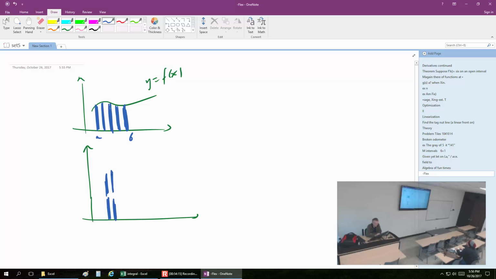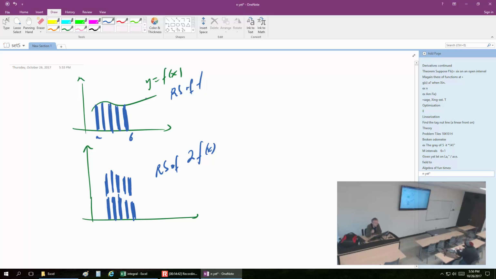So it will look somewhat similar, like this. Okay, so this is the Riemann sum of twice f of x. This is the Riemann sum of f, and this is the Riemann sum of 2f of x.